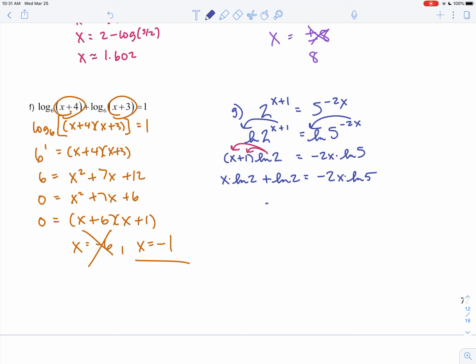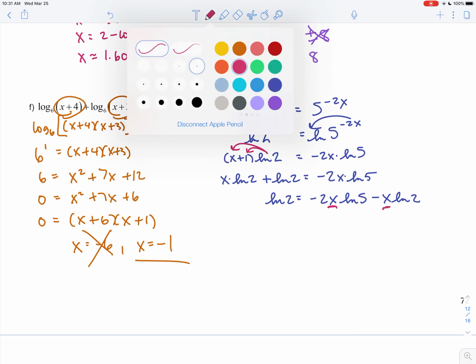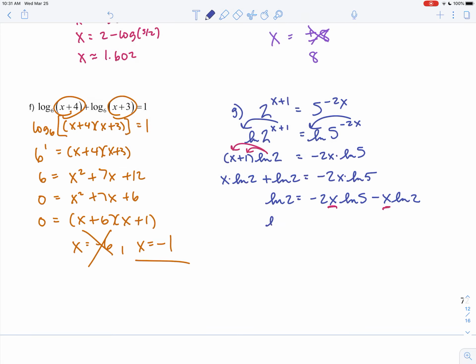So I'm going to subtract x ln 2 from both sides. This gives me both of the x terms on the same side. So I'm seeing that both of these terms contain a factor of x, which means I can factor it out. This is pretty much the only way to isolate x in this case.